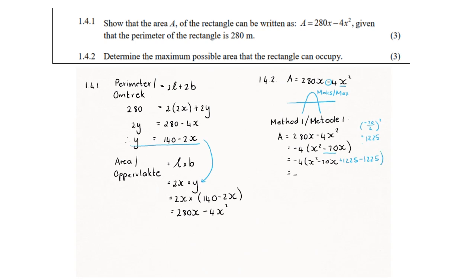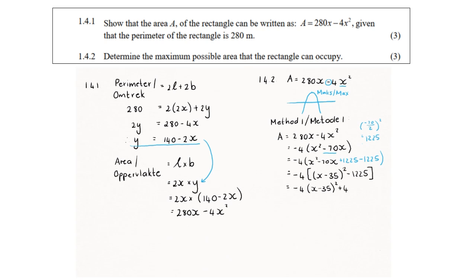Then we take the first 3 terms in the brackets, and this can be factorized then as x minus 35 in brackets squared, and then outside the bracket minus 1225. Lastly, we multiply the negative 4 into the square brackets, and that then gives us negative 4 times x minus 35 in brackets squared plus 4,900.